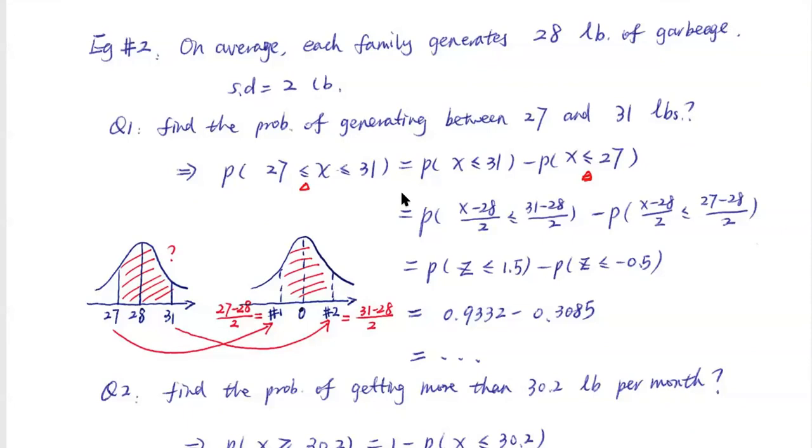Okay, second example here. On average, each family generates 28 pounds of trash, given the standard deviation of 2 pounds. So based on this information, we assume that if we collect the data for each family, like every week, how much trash comes out, that's a data sequence.